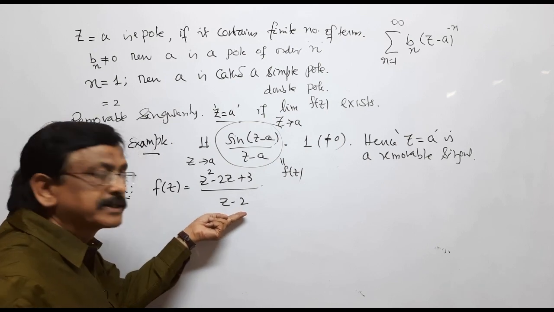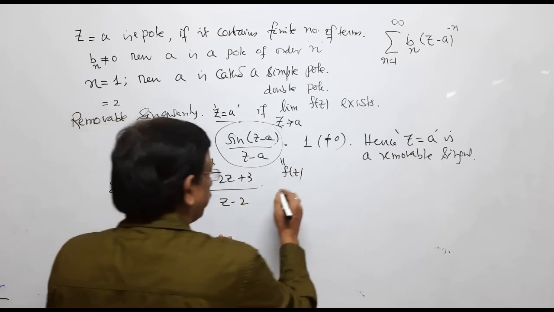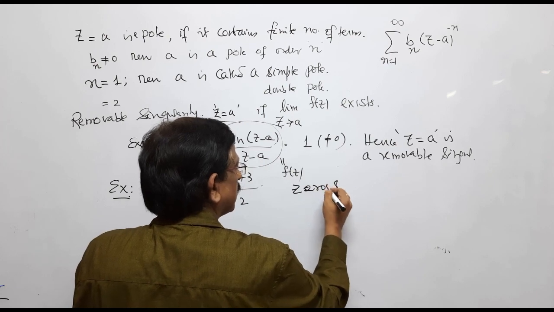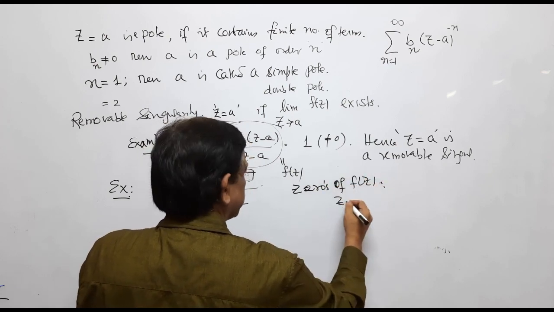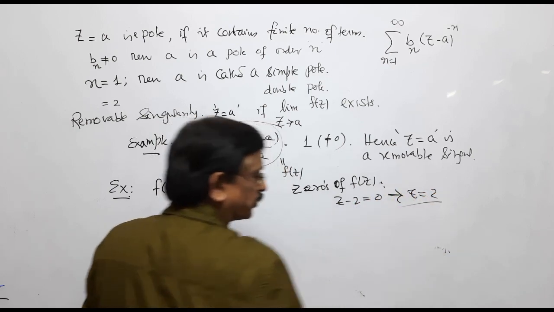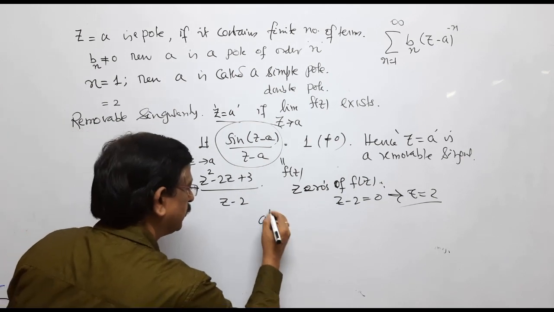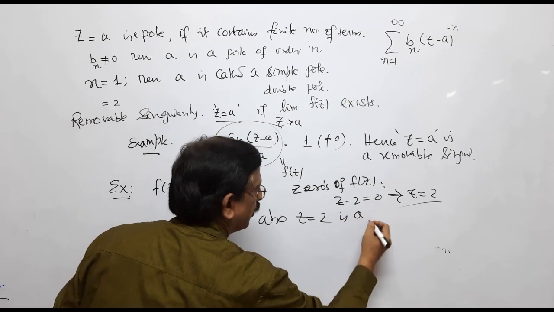That means this function is not analytic at 2. If you look at the zeros of the denominator, z − 2 = 0 implies z = 2. So z = 2 is a singular point. Also, z = 2, which is finite, is a simple pole.